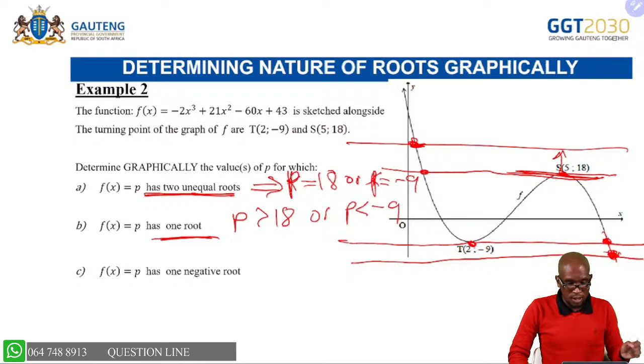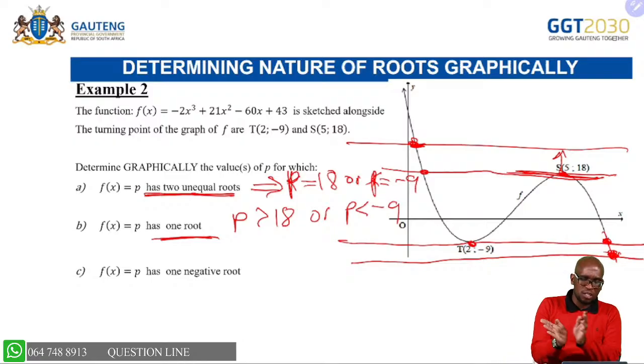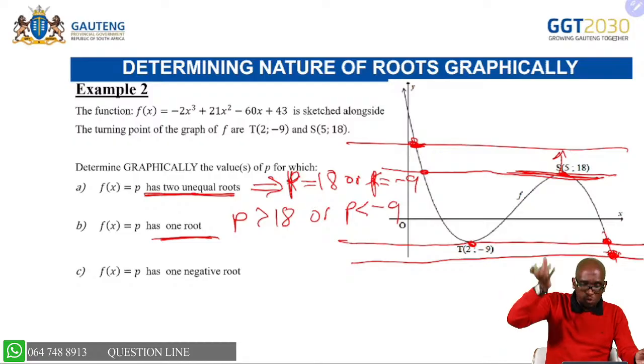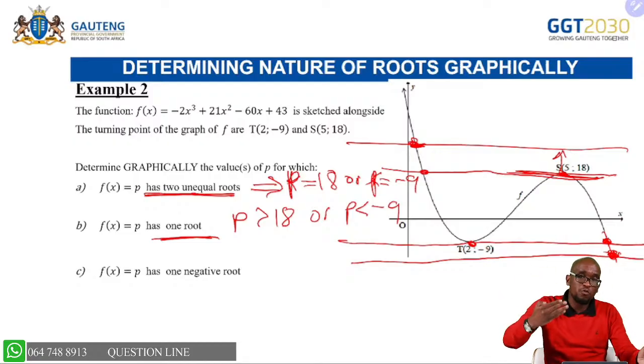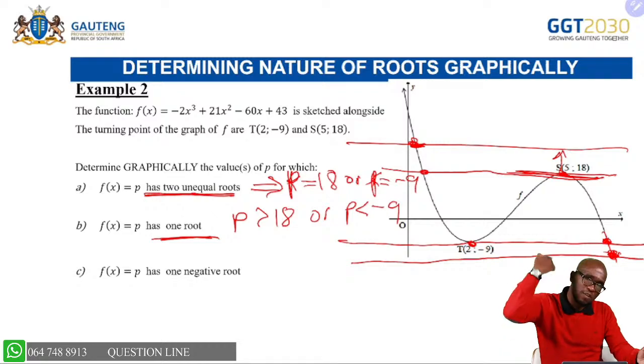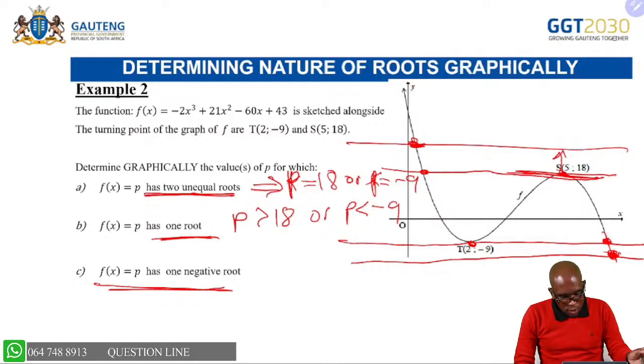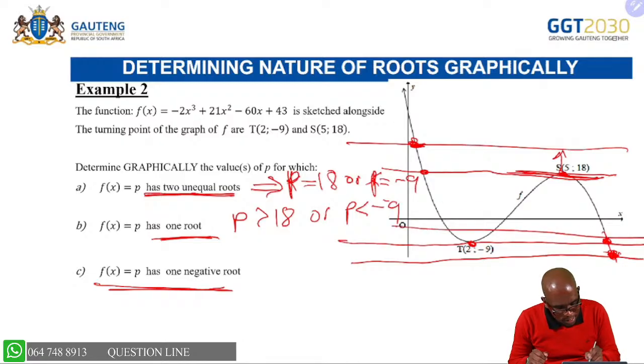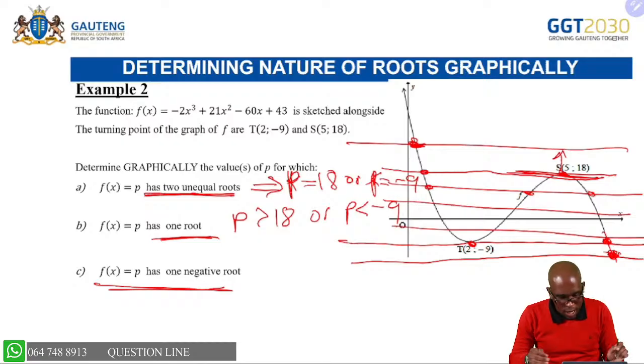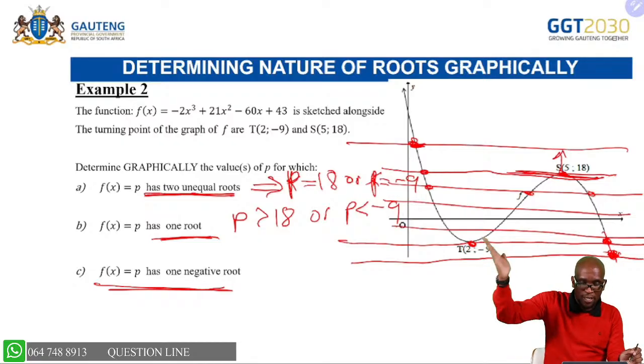Which means the trick with a third-degree function is that because it has 2 turning points, you have to focus on one turning point and then on the other. Where this has 1 negative root, if you check in between, as I draw these lines, how many roots do you have? You have 3, and all of them are on the positive x-axis.